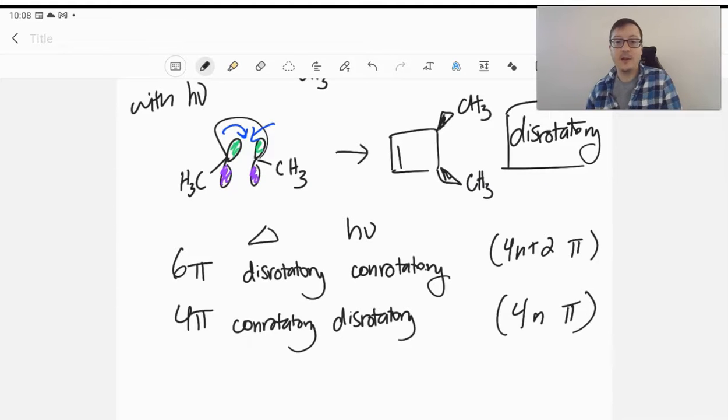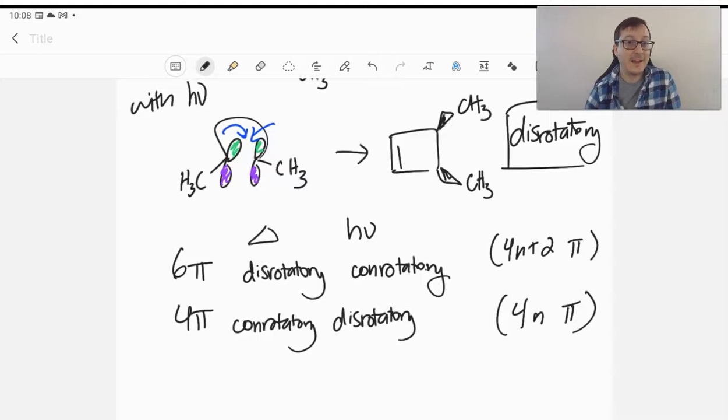And as a result, you're going to end up switching the stereochemistry. So this is a handy little table here for you to reference when you're looking at what type of electrocyclic reaction is going to take place, and you don't necessarily have to draw out all the orbitals. And so as a result, you should be able to predict the product stereochemistry.